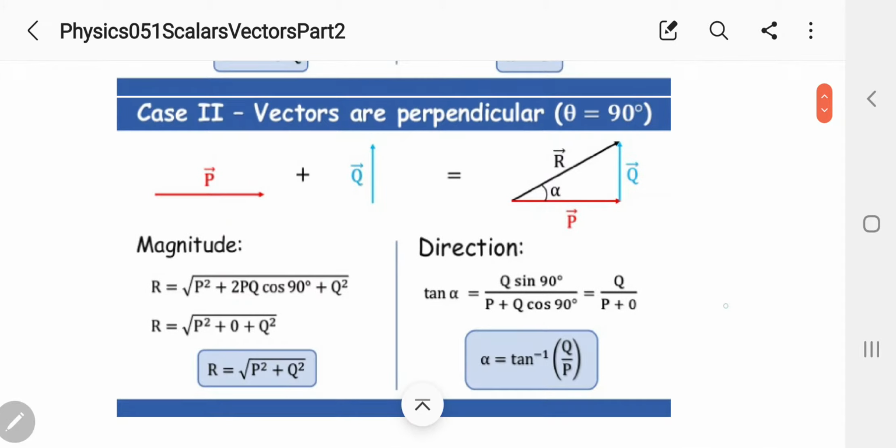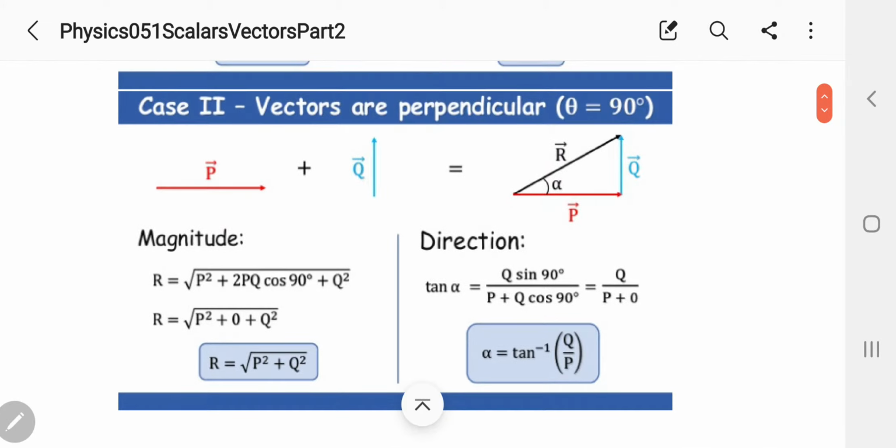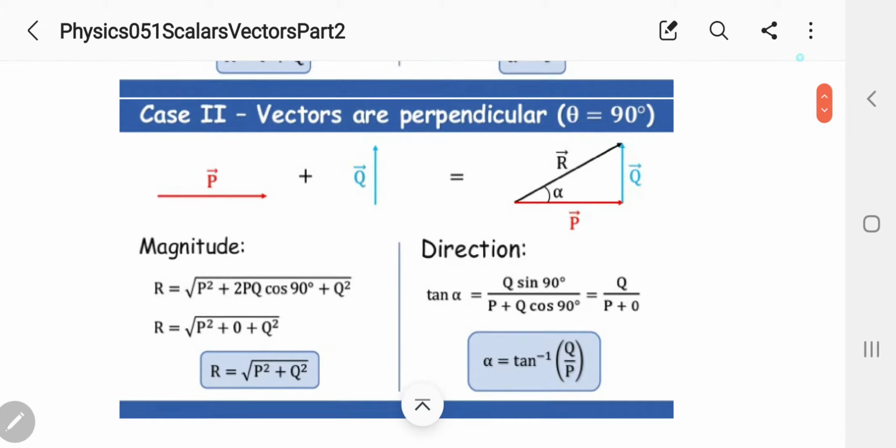For case 2, where the vectors are perpendicular, your theta would be 90 degrees.